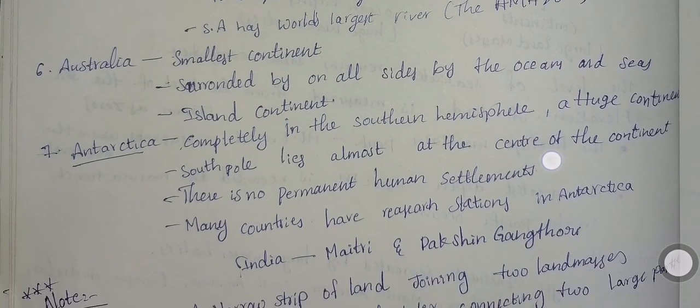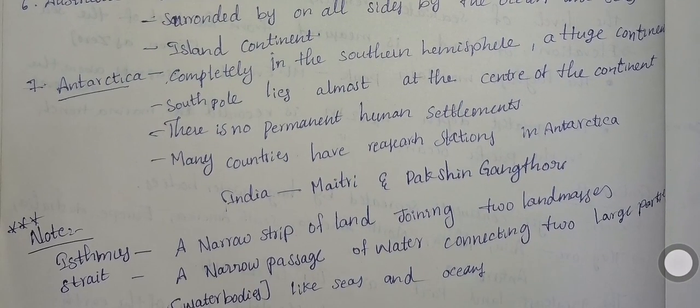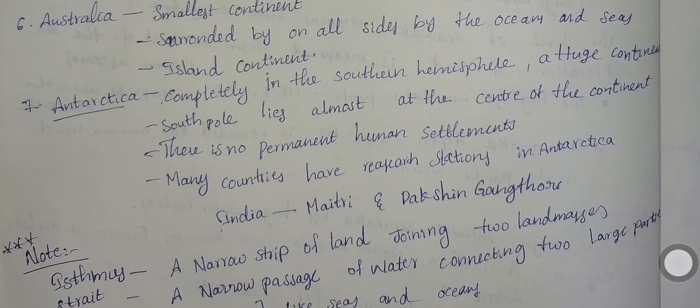Next, Antarctica. Antarctica is completely in the southern hemisphere. It is a huge continent. It has the South Pole, which lies almost at the center of this continent.